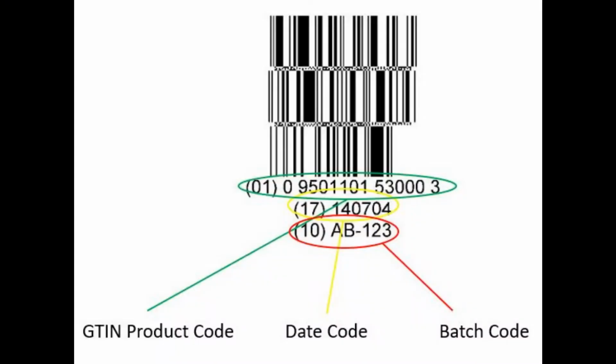Now, the idea behind the stacked barcode is that it gives you much more information about the product. So not only does it give you the part code of the product, so the unique identification of the product, it also gives you batch code information and date code information about that product as well.